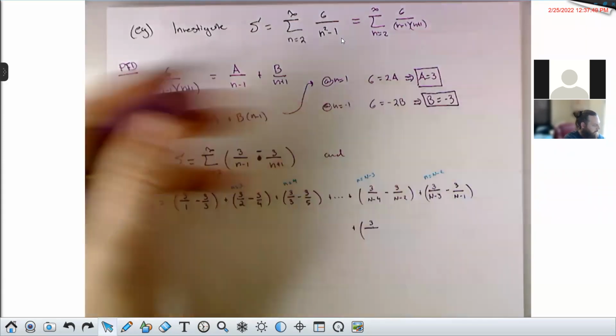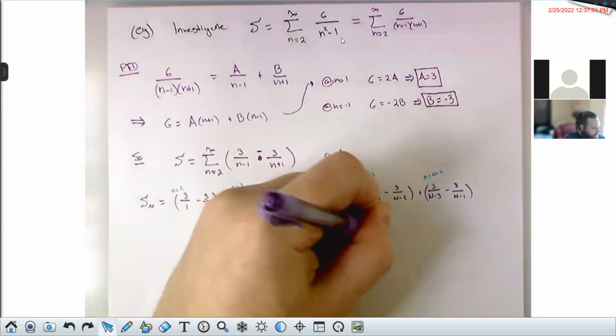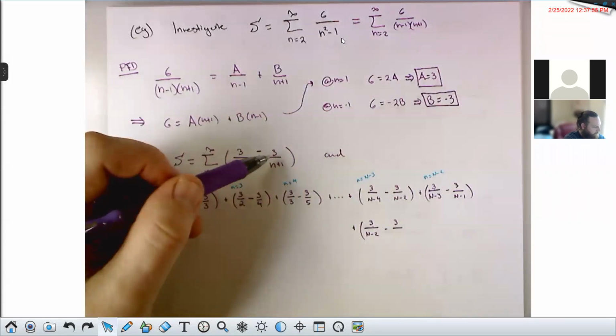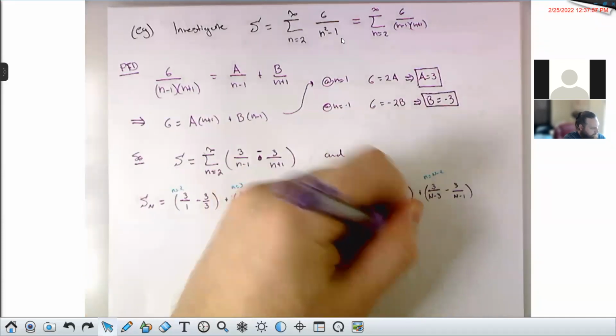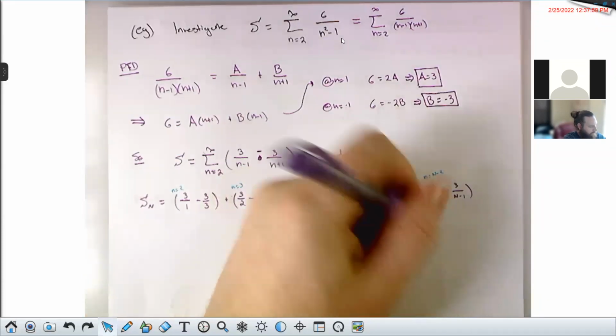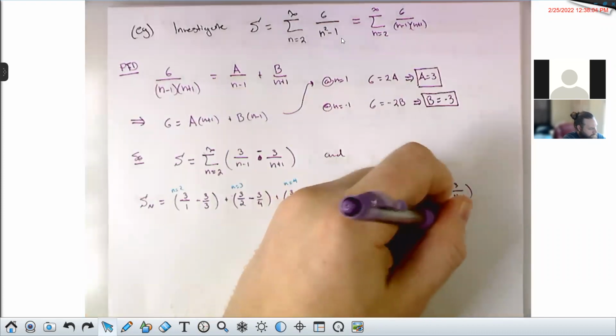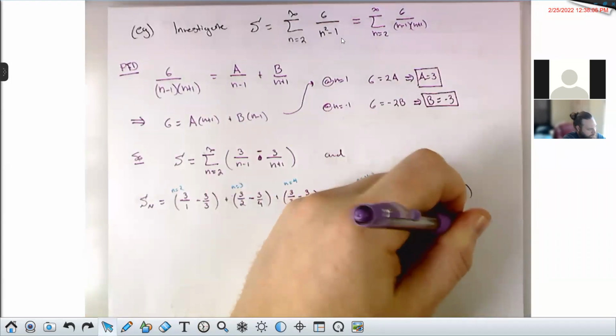When little n is capital N minus 1, this would be 3 over capital N minus 2 minus 3 over capital N, plus, when little n is equal to capital N, 3 over capital N minus 1 minus 3 over capital N plus 1.